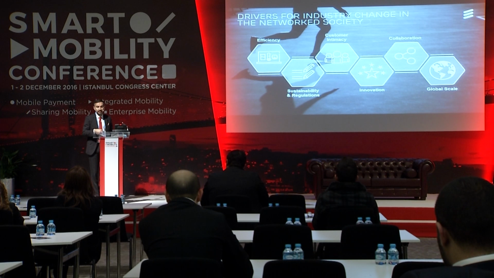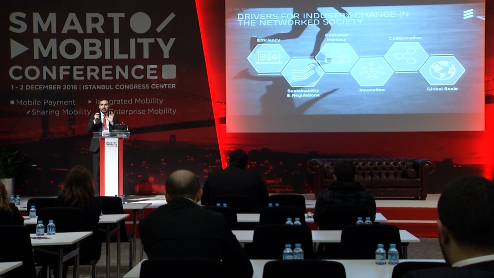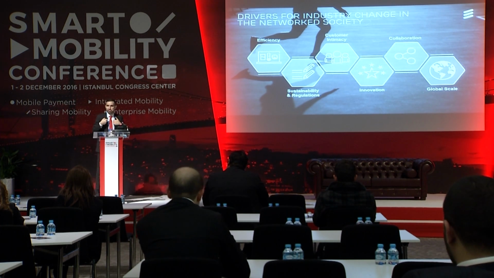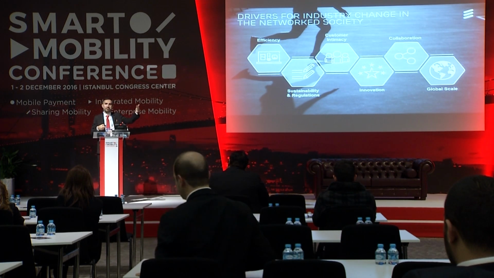What we're doing is merging all different types of public transport so that Ubigo is your one-stop shop for mobility as a service. So as a user, you really don't care how you get from point A to point B.